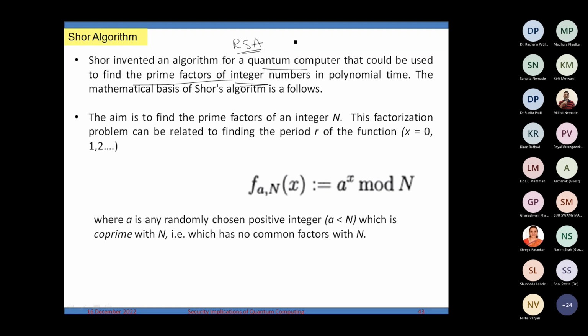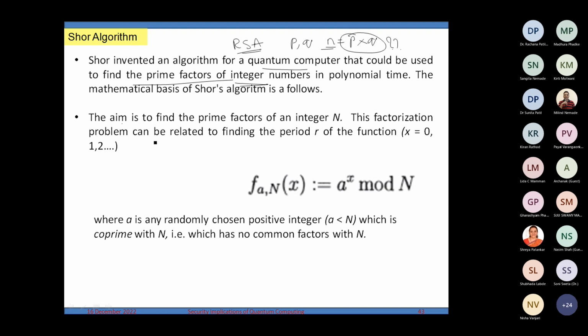You remember P comma Q. We calculated n is equal to P into Q. We know n, but we don't know P and Q. For identifying the prime factors, we don't have a classical algorithm, whereas Shor has built this algorithm. The aim is to find the prime factors of the integer n.